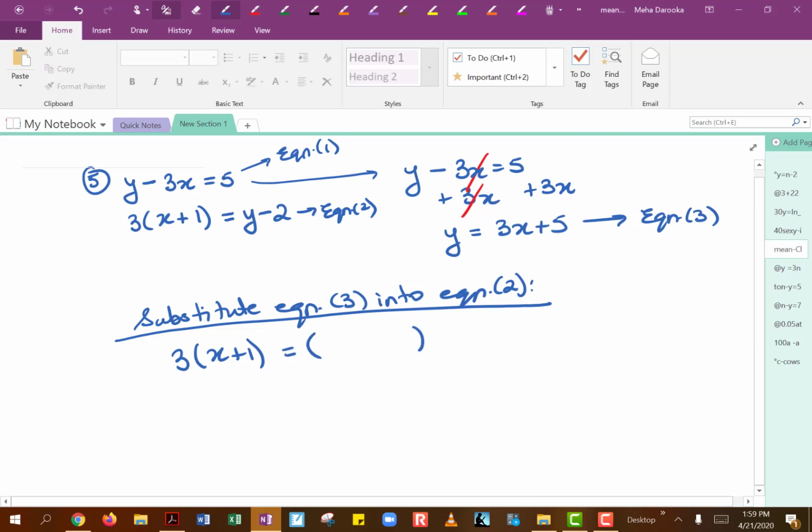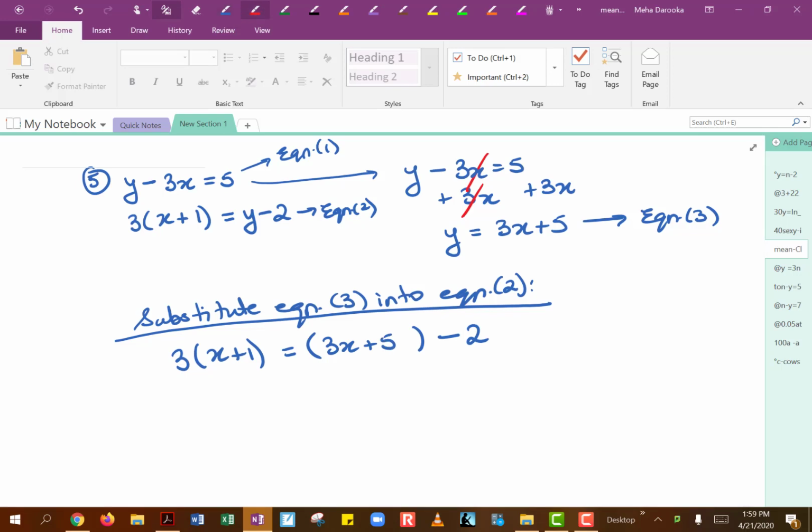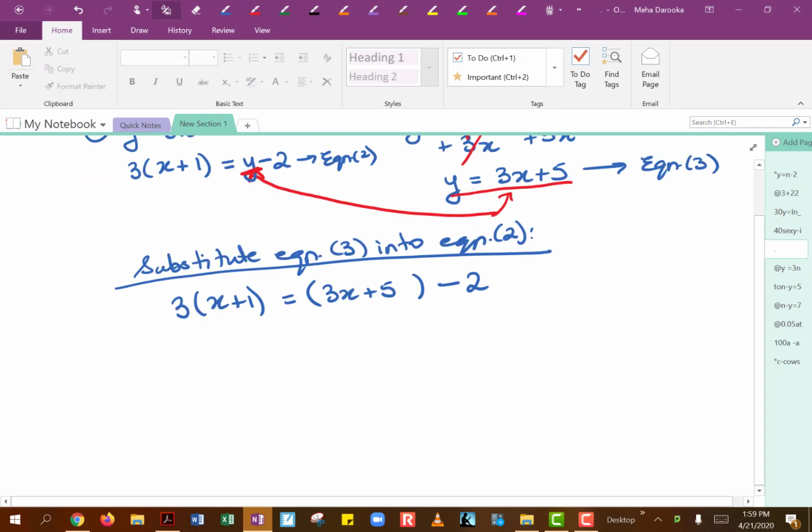For the y, I'm going to substitute it with 3x plus 5. So again, we're taking this 3x plus 5 and we're going to substitute it for y in our second equation. Okay, so now let's go ahead and simplify this.